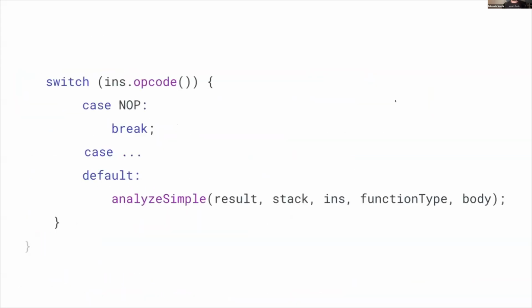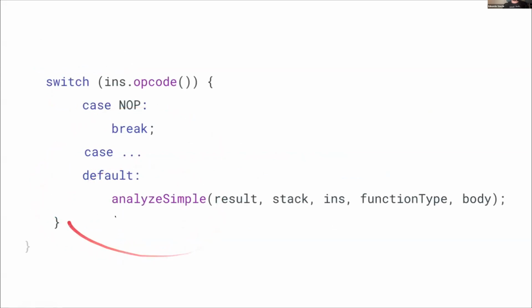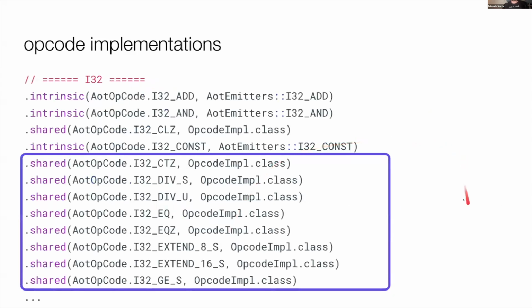Well, this doesn't deserve a lot of talking, but one thing that I wanted to show here is that besides control flow analysis, for most of the other opcodes, we just do a very light type checking procedure for the stack. And what's more interesting is that we can reuse a lot of the code that we have implemented for the interpreter.